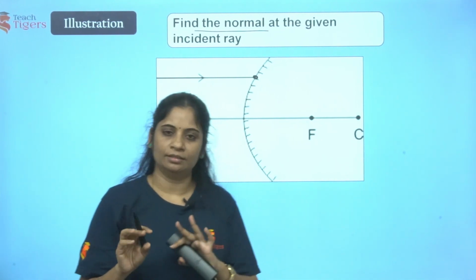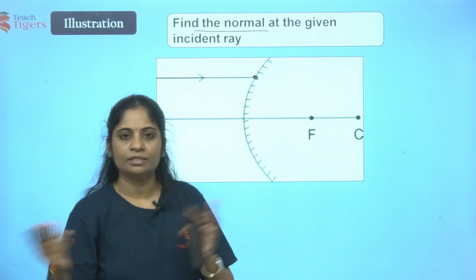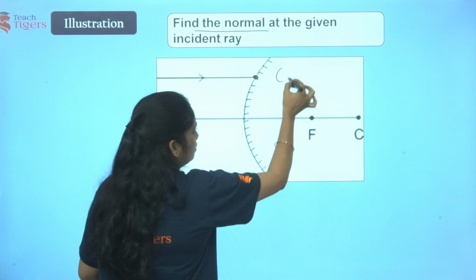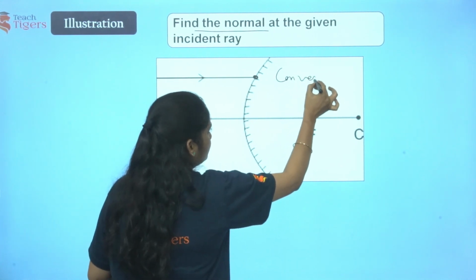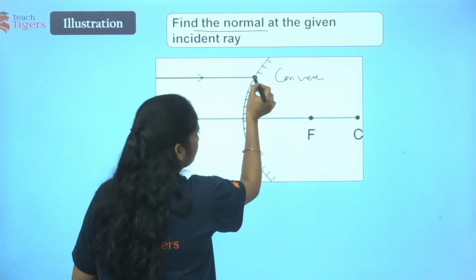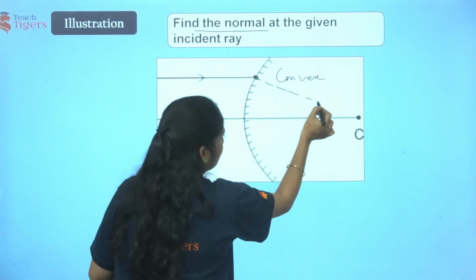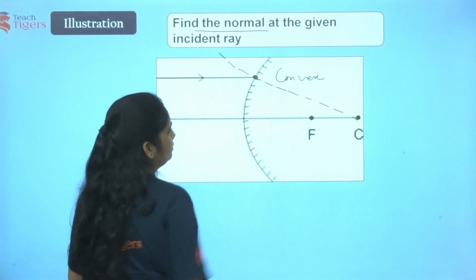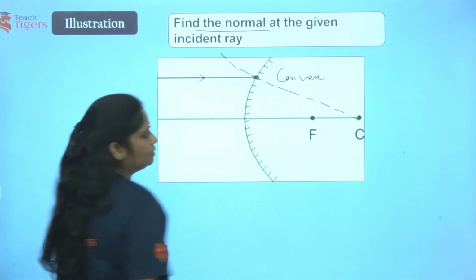It has become easy because we know the normal will pass through the center of curvature. This is a convex mirror. So we know the normal just passes through the center of curvature. The normal is a line which joins the point of incidence and the center of curvature.